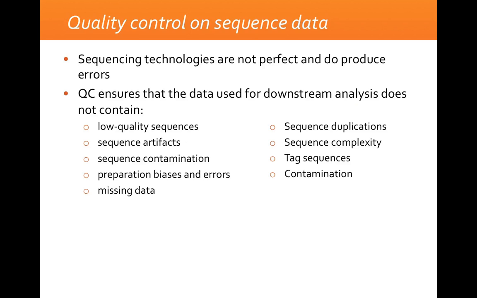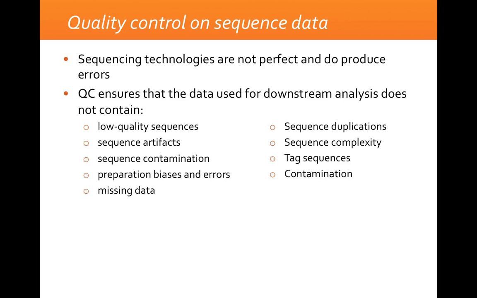So the sequencing technologies aren't perfect, and we will have some errors in those sequences, and we are doing a quality control of our raw sequence data because we want to discover these errors and at least know they are there, or deal with the data accordingly. And I'll get back to what we can do with data that are of lower quality.